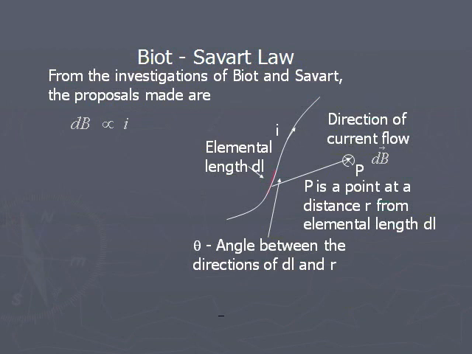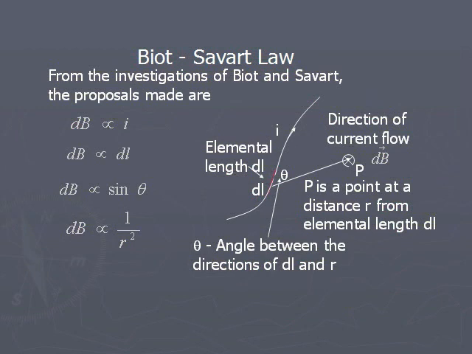dB will be directly proportional to the current. If the current strength increases, the dB value also increases. Similarly, dB is directly proportional to dl. As the length of the elemental conductor increases, the magnetic field induction will also increase. dB is directly proportional to sin theta. dB is inversely proportional to the square of the distance.